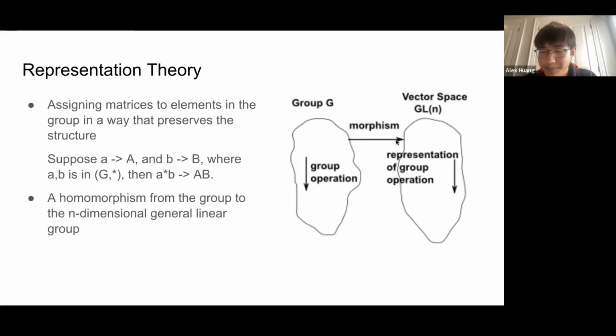Basically it is the set of n by n matrices, okay? And the morphism here preserves some of the structure of the group G. And still it sounds very confusing, right?